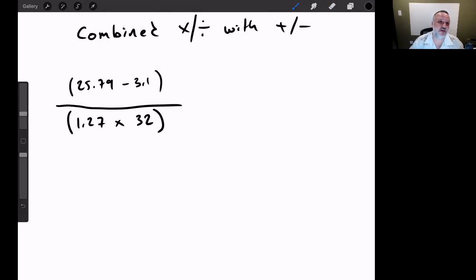Parentheses, exponents, excuse my multiplication, dear division, Aunt Sally addition and subtraction. And so you have to still process the calculation correctly, right? You can't take 3.1 divided by 32 and then subtract the answer from 25.79 and then divide that by 1.27. You'll get the wrong answer. So remember, you still have to do the order of operations.